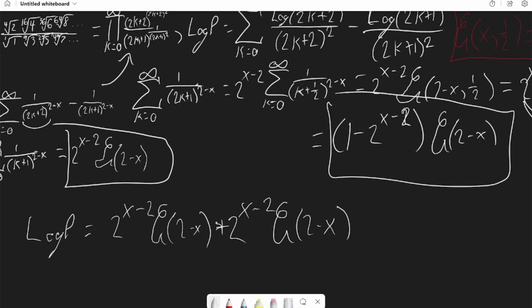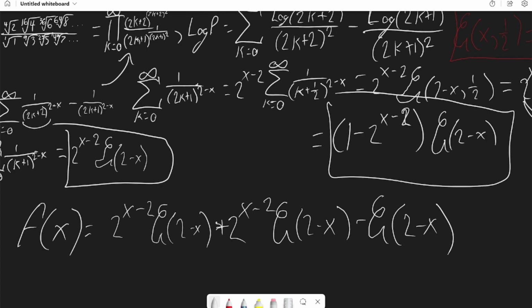I'm adding because I distributed the negative, by the way. And then subtract, finally, Riemann zeta of 2 minus x. Okay, now this, or no, this is wrong. Sorry. No, this is equal to f of x.